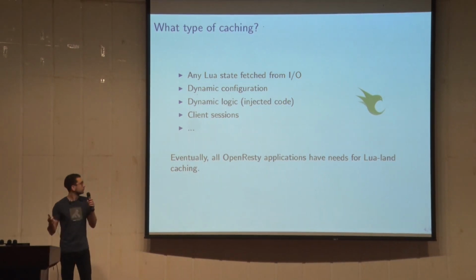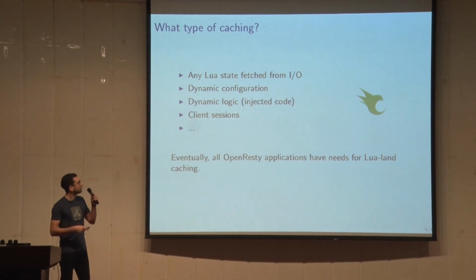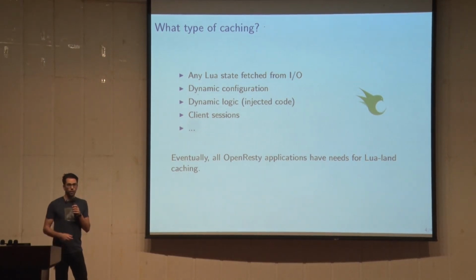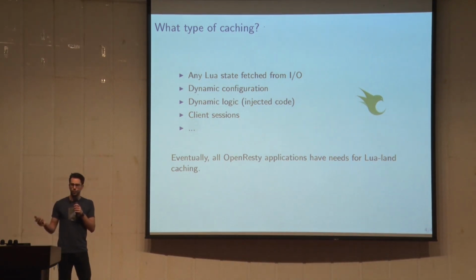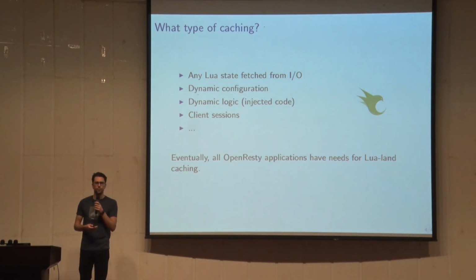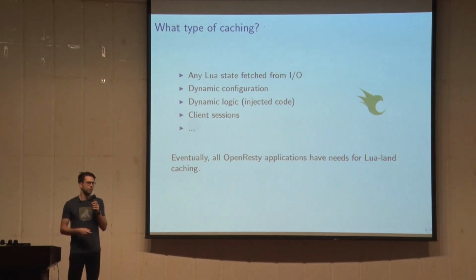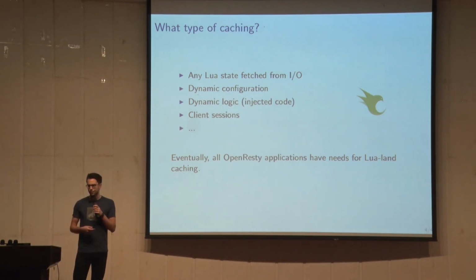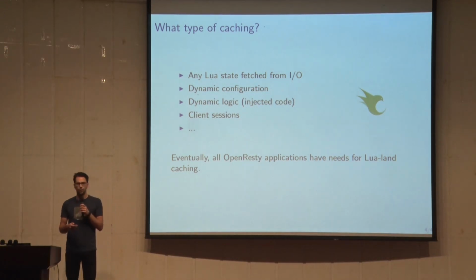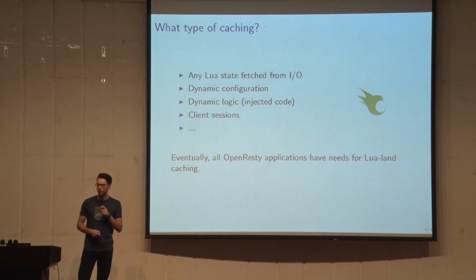So we can talk about dynamic configuration, if you are configuring a reverse proxy, any sort of dynamic logic, if you want to inject load code at runtime, or any sort of client session, or DNS records, or load balancing, etc. So that's the type of caching that I'm referring to, caching in the Lua VM.